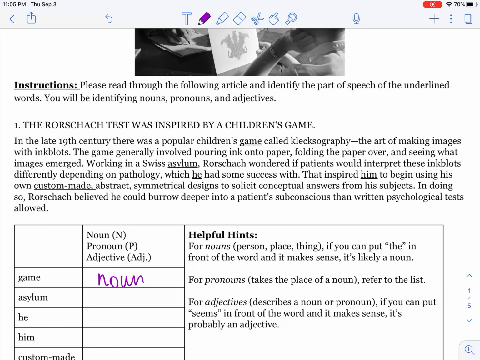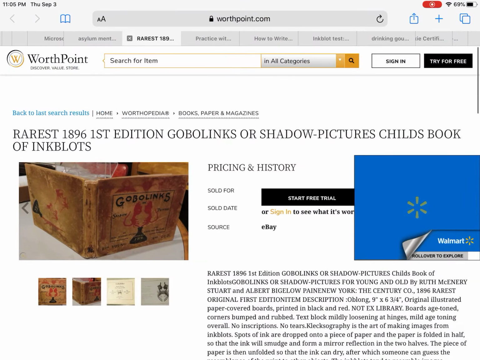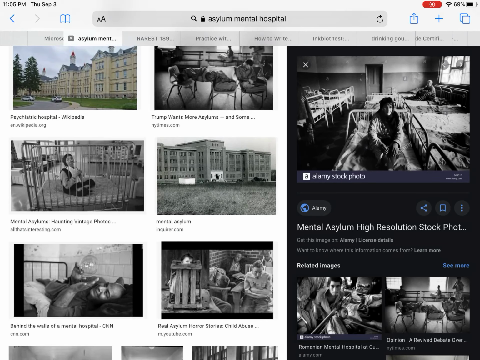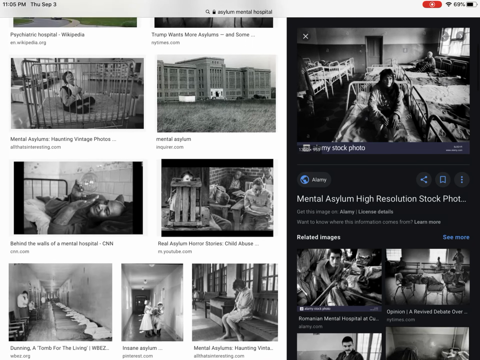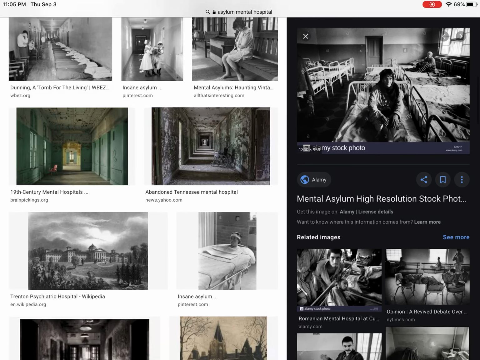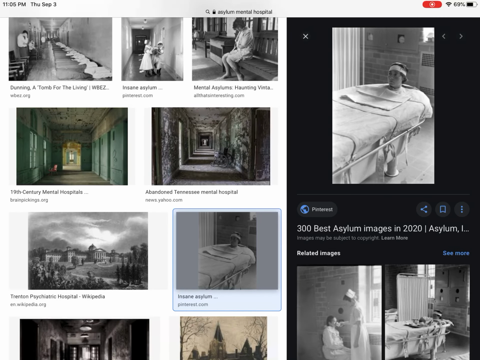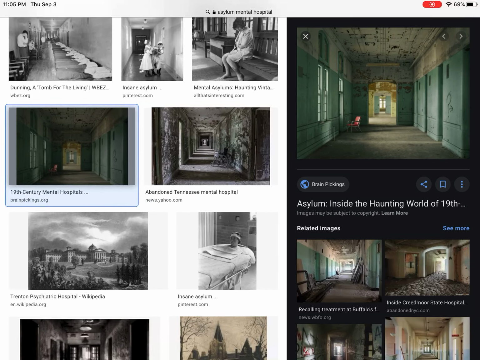All right. The game generally involved pouring milk onto paper, folding the paper over, and seeing what images emerged. Working in a Swiss asylum, Rorschach wondered if patients would interpret these ink blots differently depending on pathology, which he had some success with. So the word asylum, I just wanted to show you some pictures I found of asylum. Rorschach was a doctor or a psychologist. These are some pictures that I found online of some old, what is that? That's weird. These are kind of creepy looking.